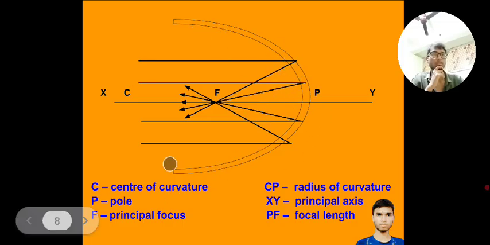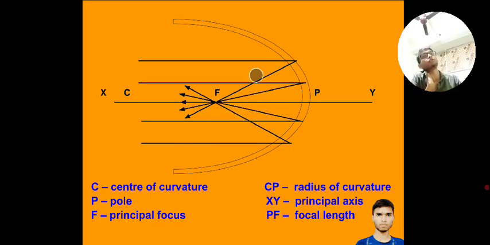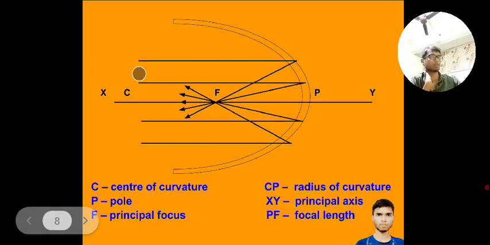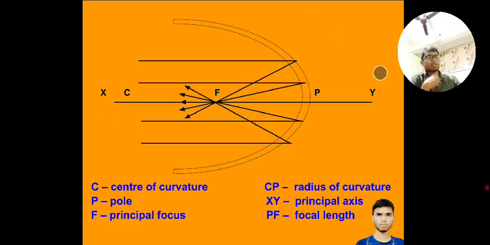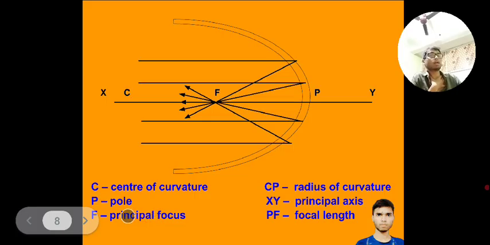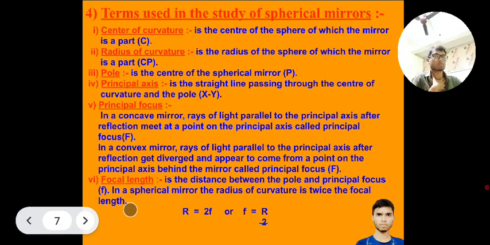Always remember, when light comes parallel to the principal axis, it will meet at F. This happens when we take a concave mirror. If you take a convex mirror, this will not happen. A parallel ray will not meet at a focus. It will diverge in the case of a convex mirror.